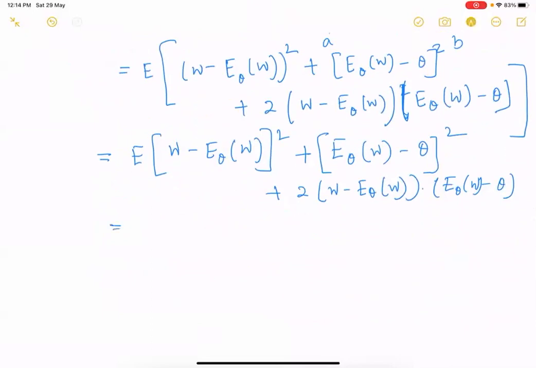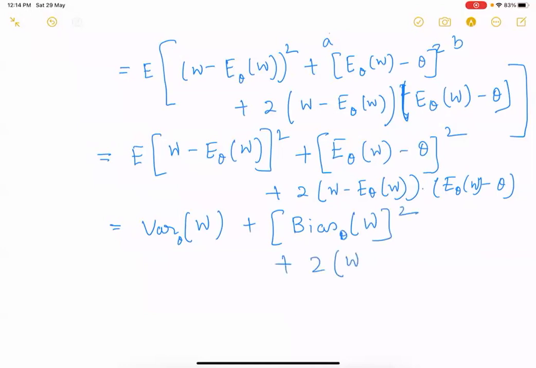So this is effectively variance of W plus bias of W whole thing square plus these product terms.